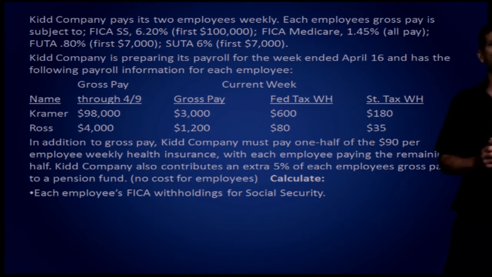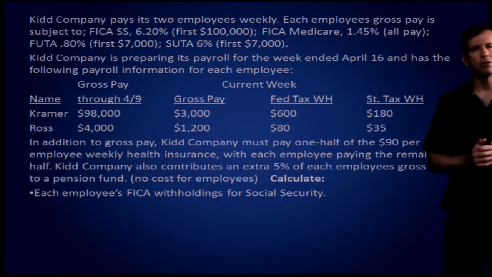What we're asking for right here is the employee's portion of Social Security FICA. Well, it's 6.2%, as you can see up in the paragraph above, and only subject to the first $100,000 that employee makes.